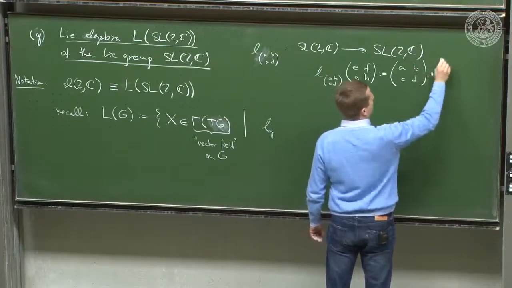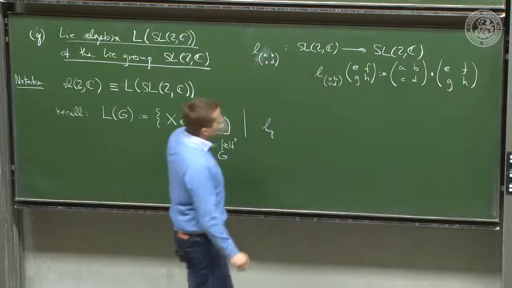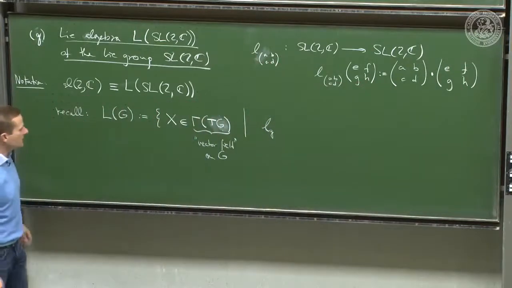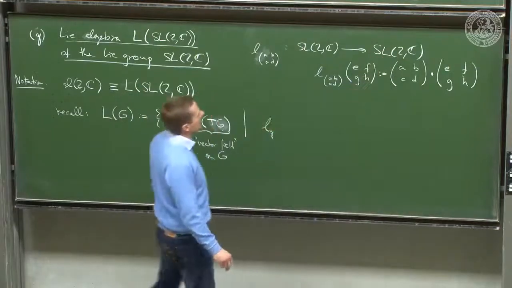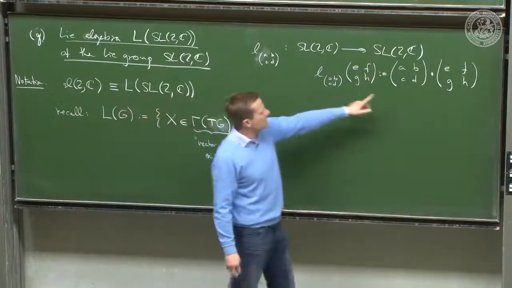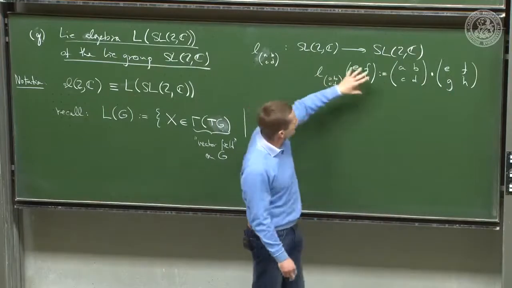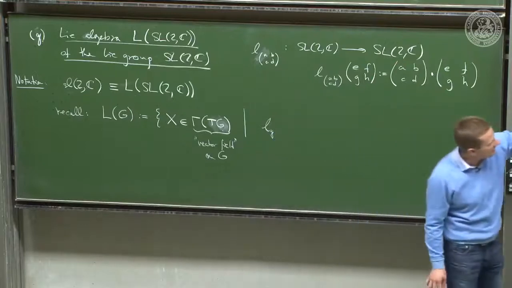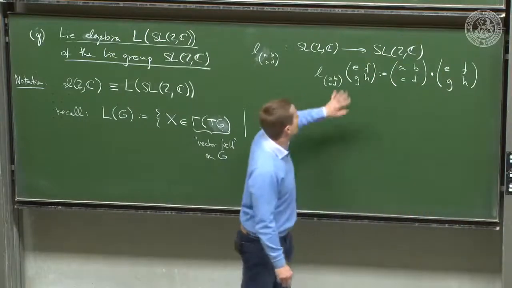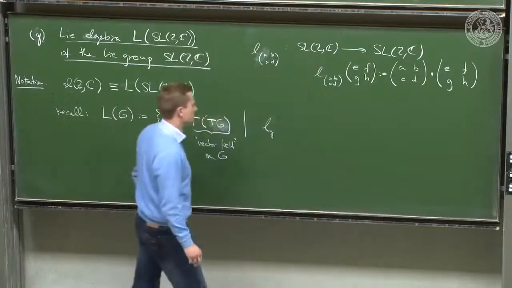You use the group operation, and this map is called the left translation. It's a map from a smooth manifold to a smooth manifold. It's part of the mu map because you fix one entry, but you can show by virtue of the definition of the atlas on the Cartesian product that this is also a smooth map from SL2C to SL2C.